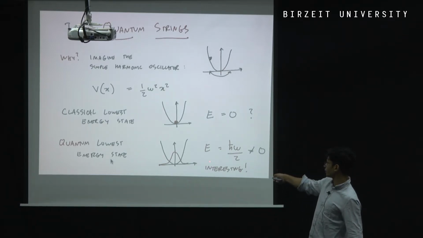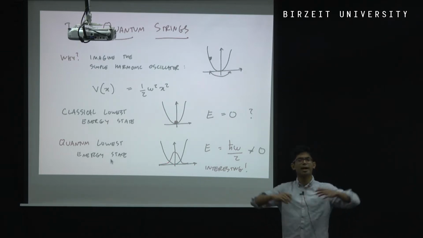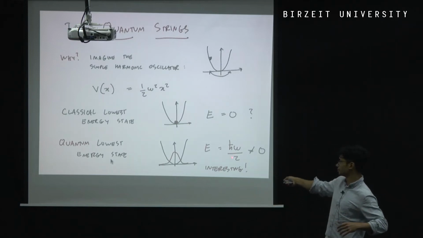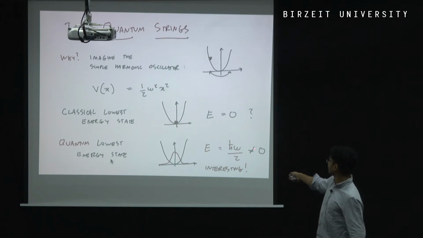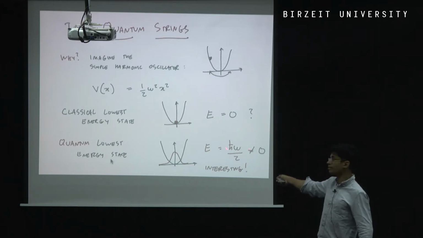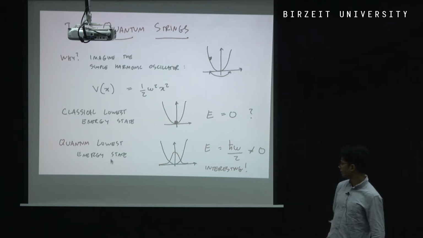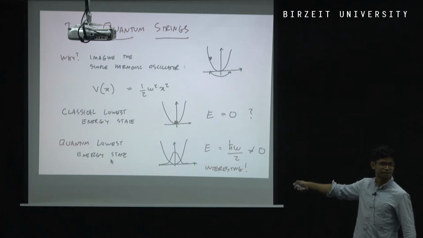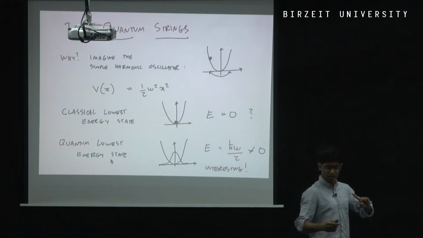You get some sort of wave function, and the guy's not exactly at 0, right? It's sort of spread out. Because of that spread, you get some extra energy, right? This zero-point energy, we call it. And it's not 0. Okay, there's a little bit of energy here you can never get rid of. This doesn't have any energy at all. So this is kind of interesting, right? This is quite different from the classical case. Okay, everyone is happy with this in normal quantum mechanics, right?